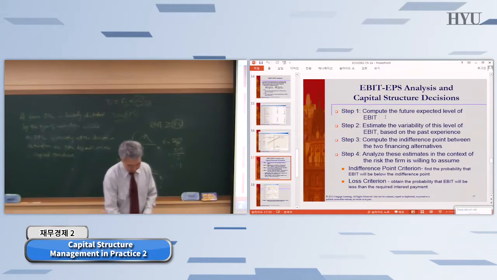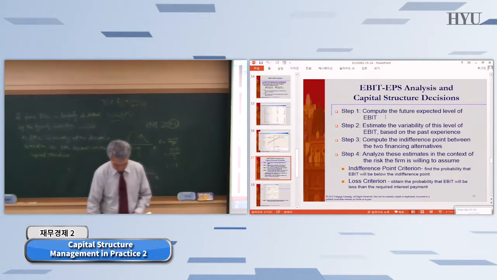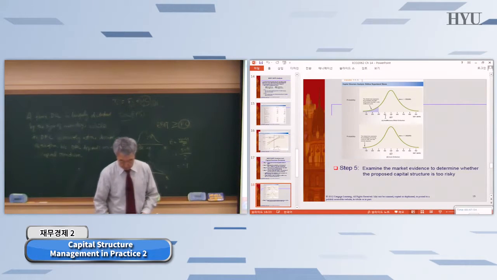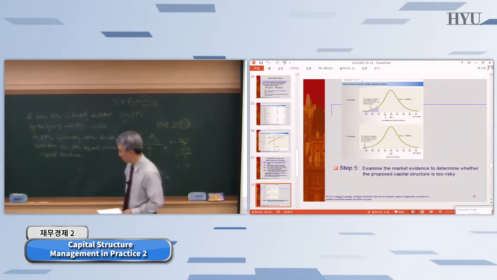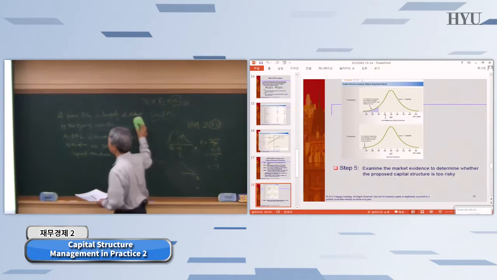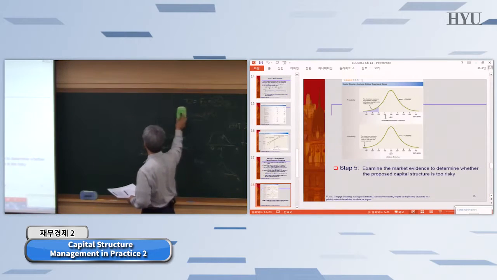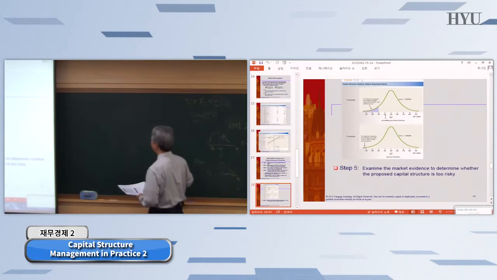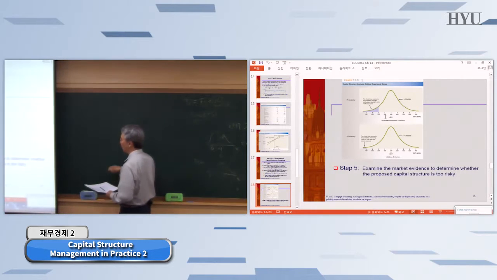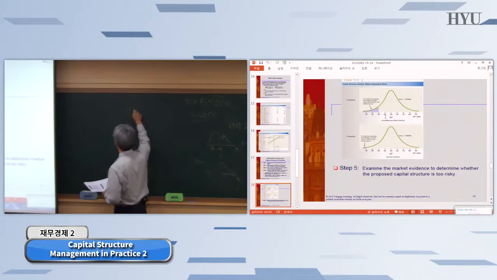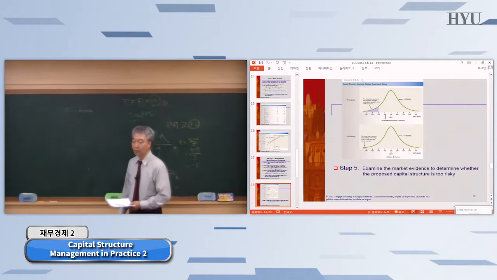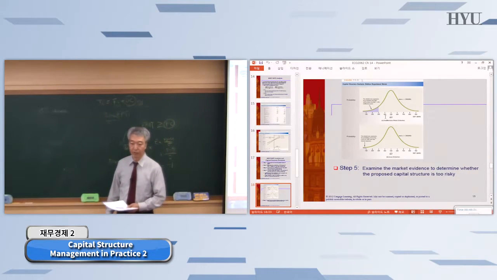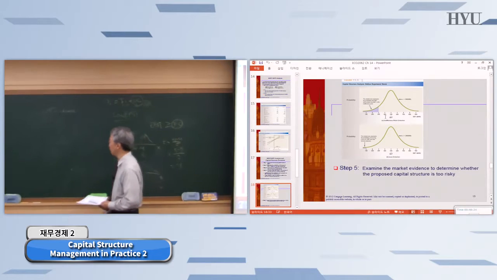So if you read the chapter, their risk appetite, I can say, is they're willing to accept a 25% chance that they make a mistake in the financing choice. You see what I'm talking about?